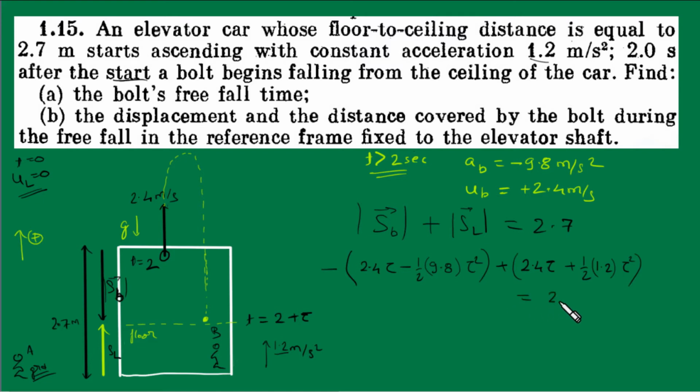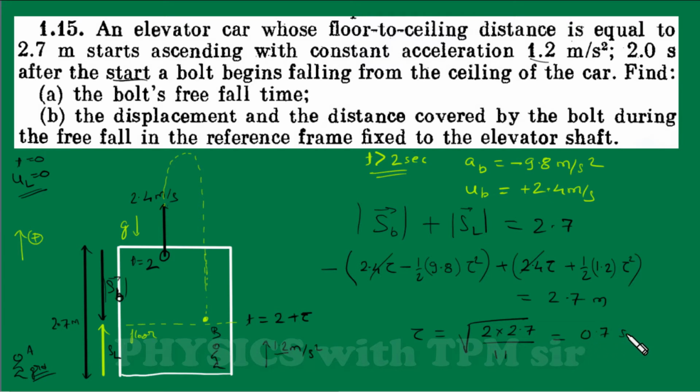This is equal to 2.7 meter. Now just solve this, and we get tau equal to under root of 2 into 2.7 divided by 11, which is around 0.7 second.